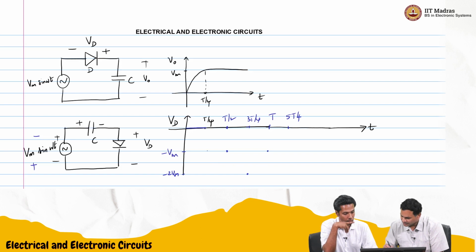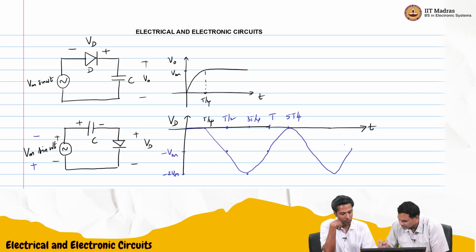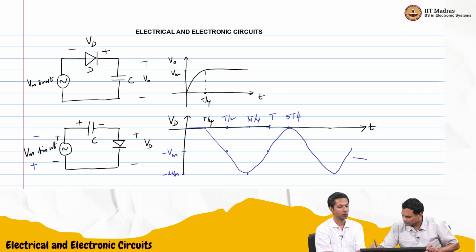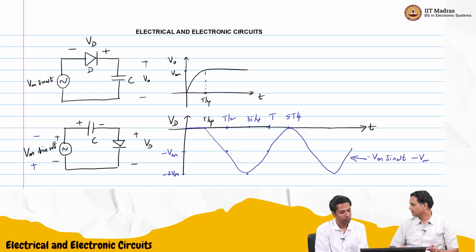We'll try. Something like this. So what we have got is basically Vm sin omega t minus Vm. Correct?